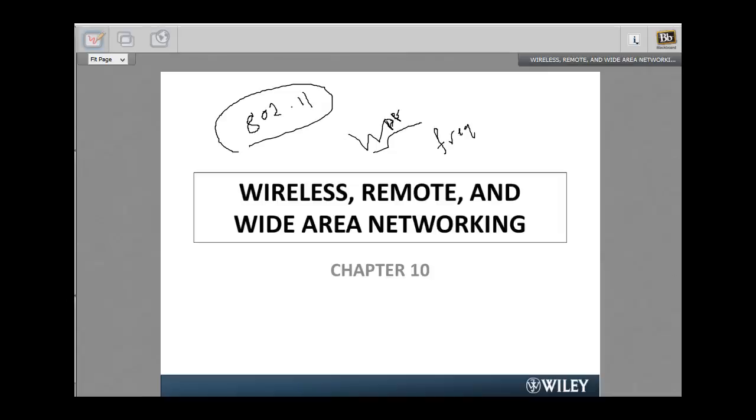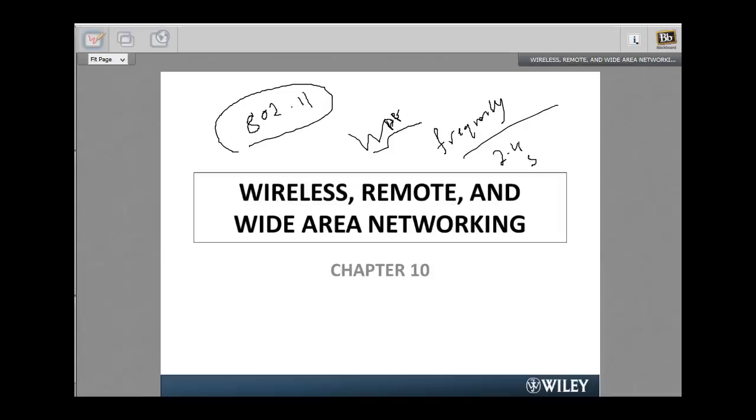Okay, as we said in the lecture, there are two types of frequency range, and they come with disadvantages. There are the 2.4 gigahertz and the 5 gigahertz range.